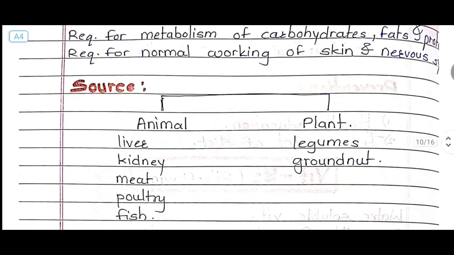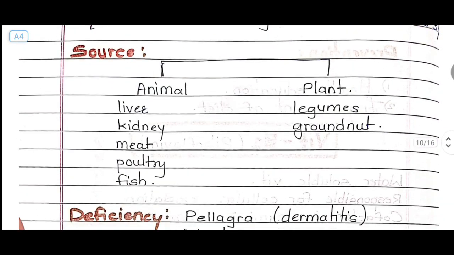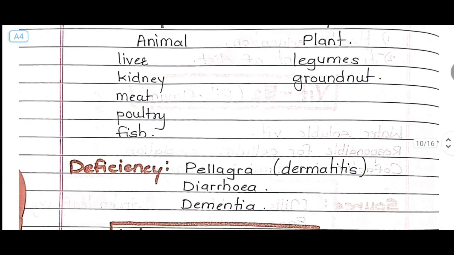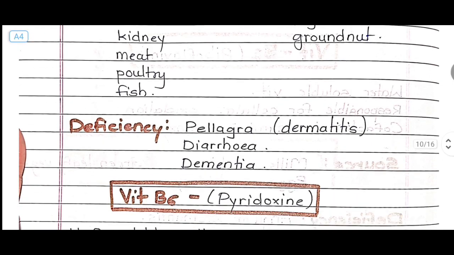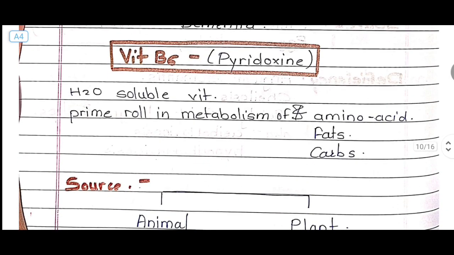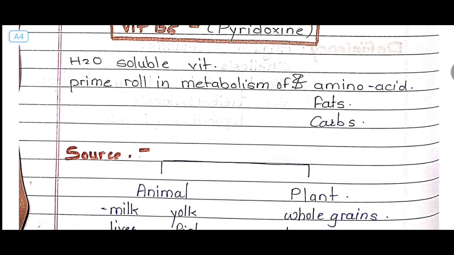Deficiency of vitamin B3 causes pellagra: dermatitis, diarrhea, dementia.